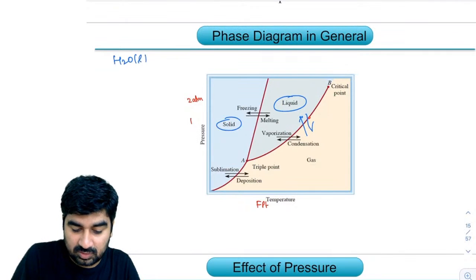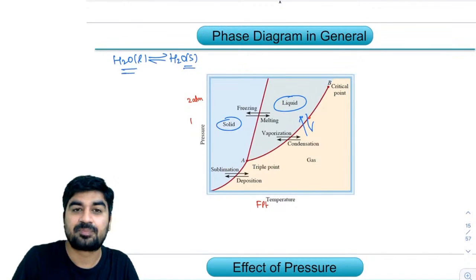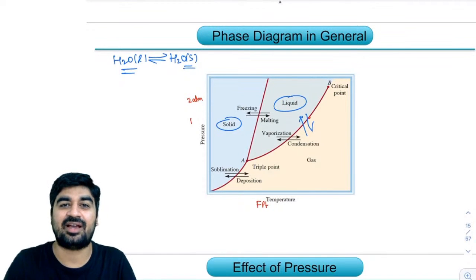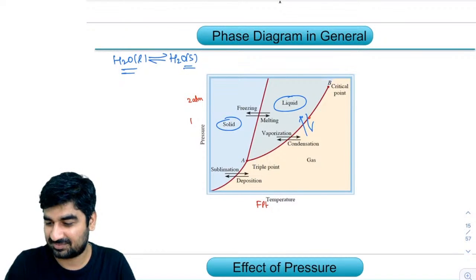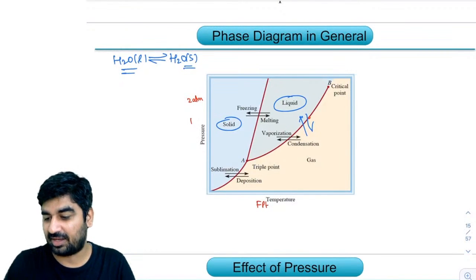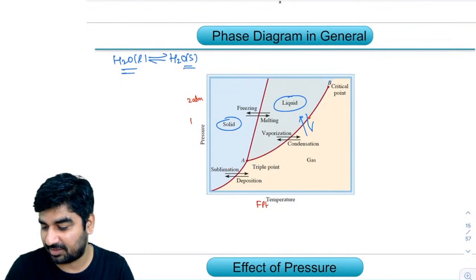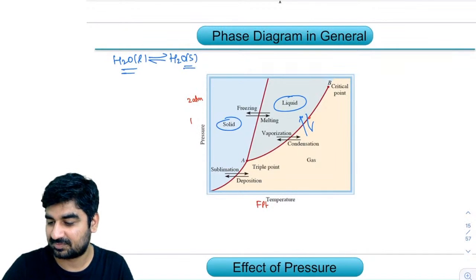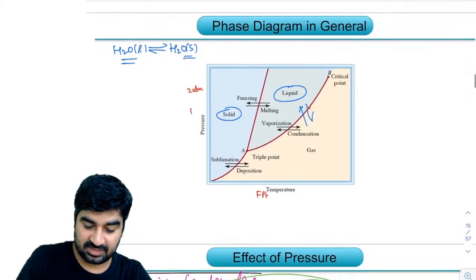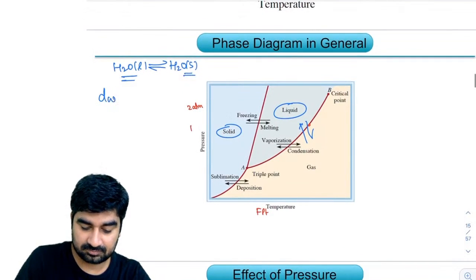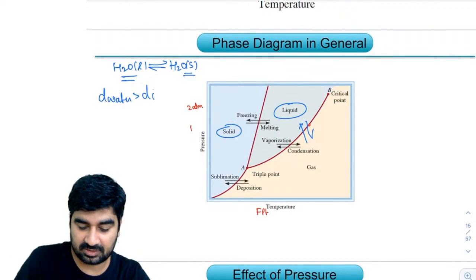Suppose I'm saying H2O liquid and H2O solid. This is ice. Can you tell me, in ice and water, which has higher density? So the density of water is greater than the density of ice.